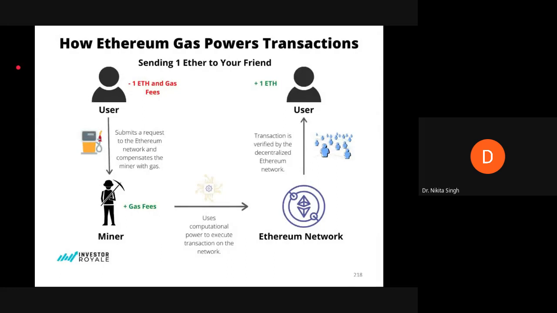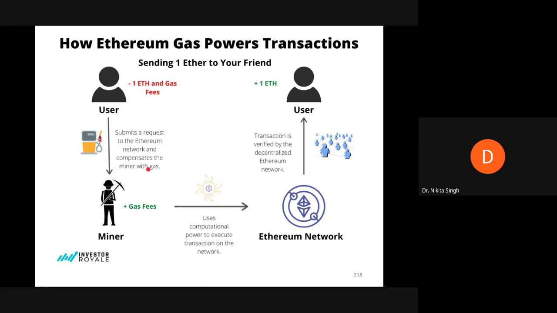So this is finally an overview of how Ethereum gas powers a transaction. So you want to send one ether to your friend. You initiate a transaction that you want to send one ether, and you also put a gas fee, which is gas price into the gas limit. So you submit a request to the Ethereum network and you compensate the miner with gas.